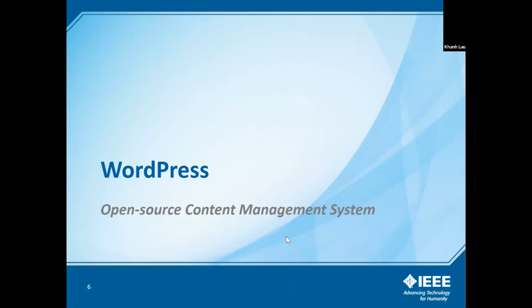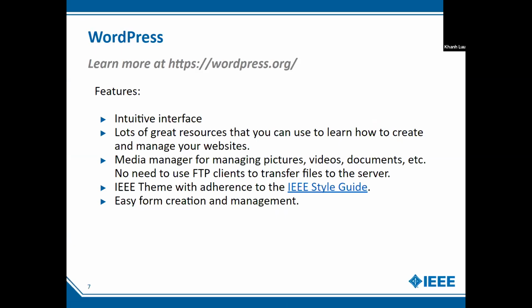WordPress is an open source content management system that's used by millions and millions of people. And there are plenty of resources out there and a very large developer community. You can learn more about WordPress by going to wordpress.org.